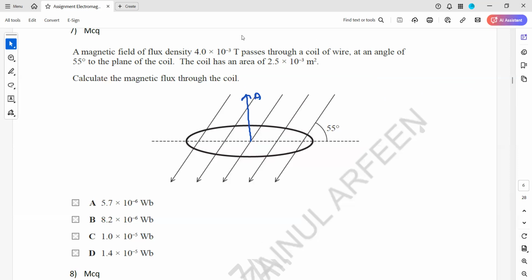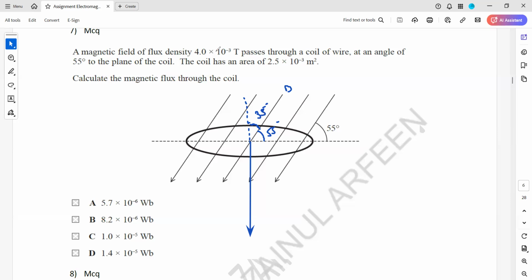So even if I take A here, or I take A here, it's the same concept, same idea. No difference it will make. So if this is B, the magnetic field, this angle is 55. How much is this angle? So 90 minus 55, which is equal to 35.